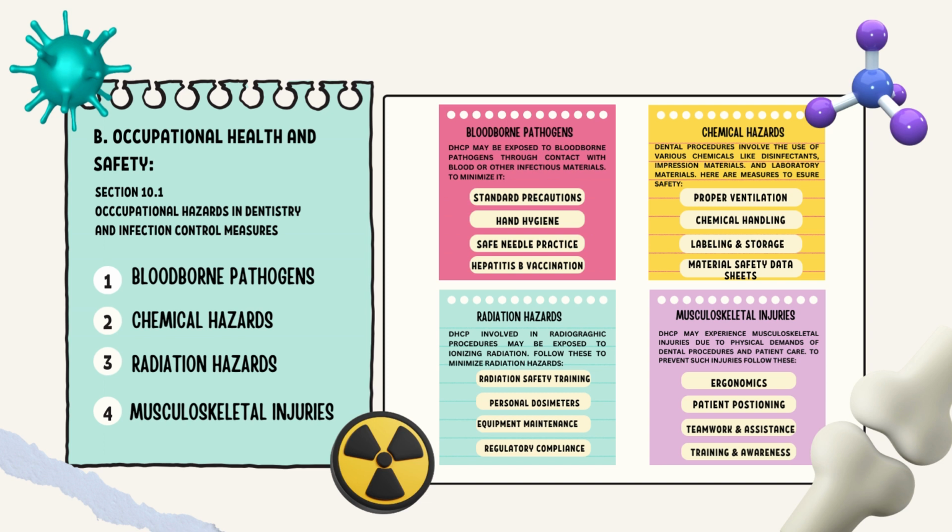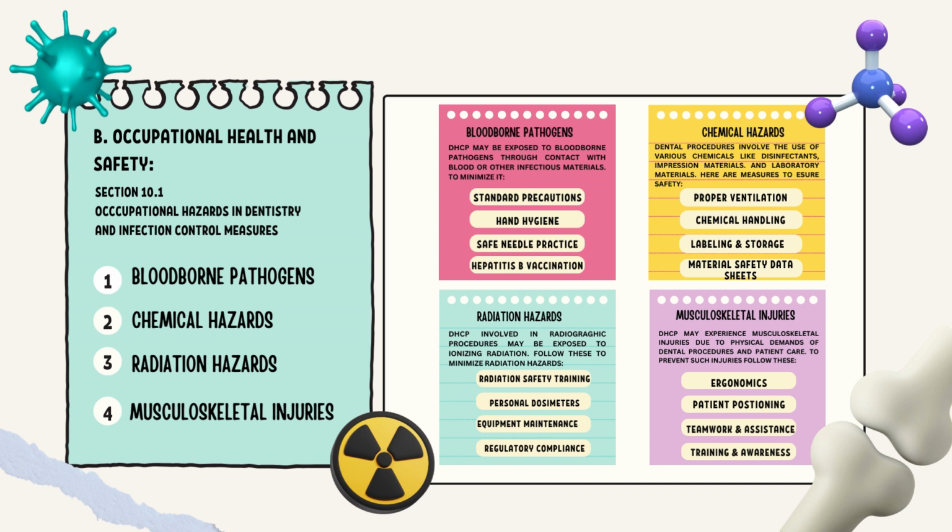On the chemical hazards, this involves the use of chemicals like disinfectants, impression materials, and other laboratory materials. Proper ventilation, chemical handling, labeling, and storage, and material safety data sheets are important in order to ensure safety.